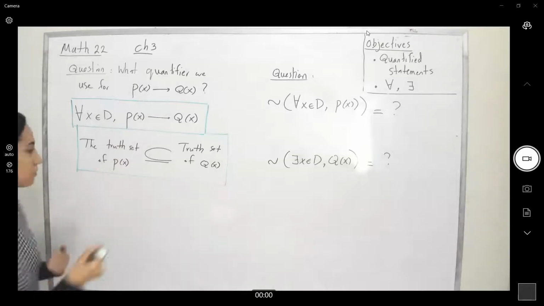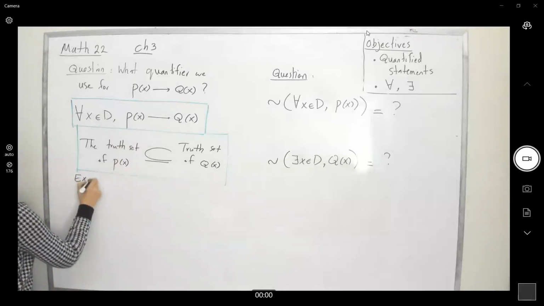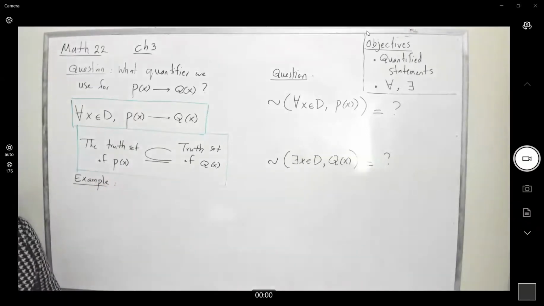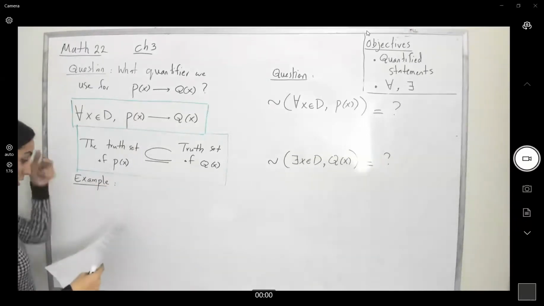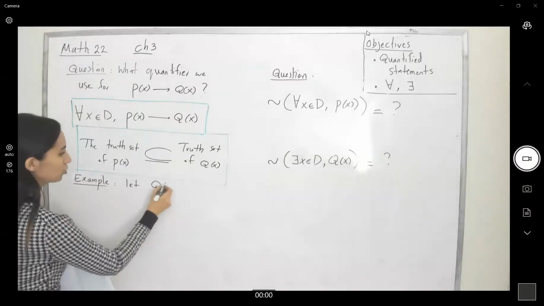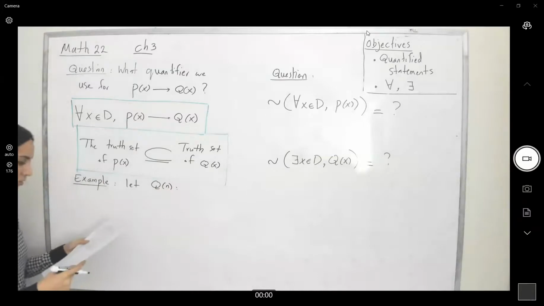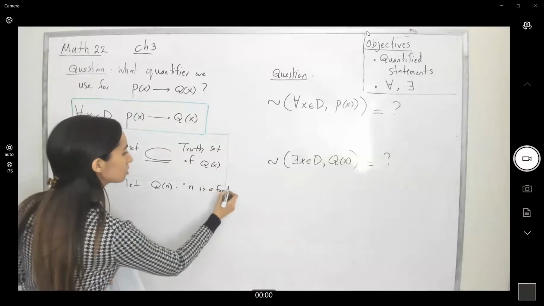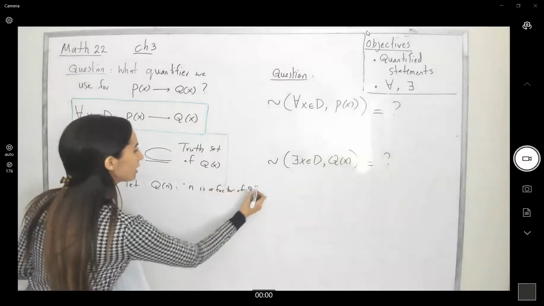For example, suppose we have these statements. Let Qn denote that n is a factor of 8.